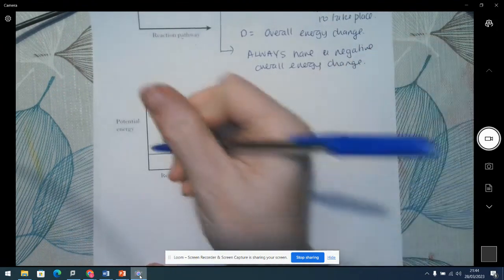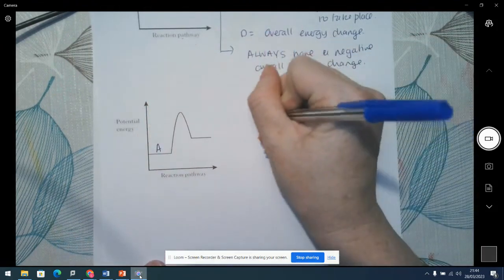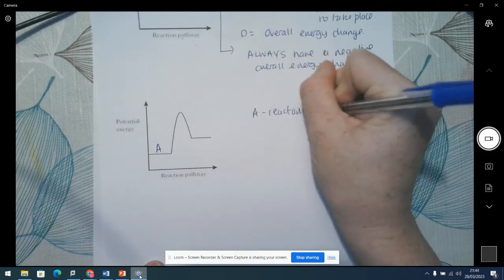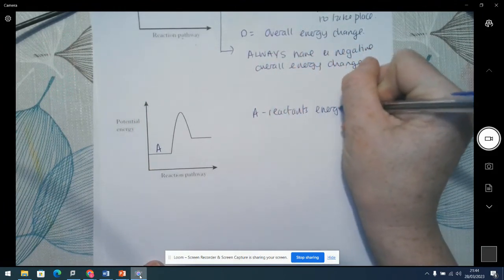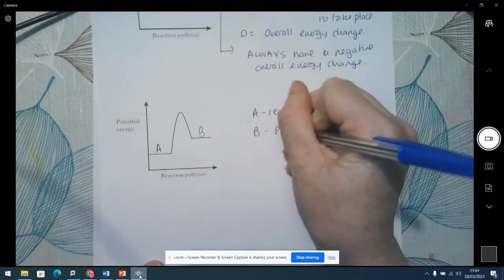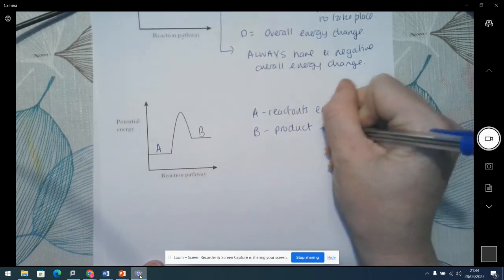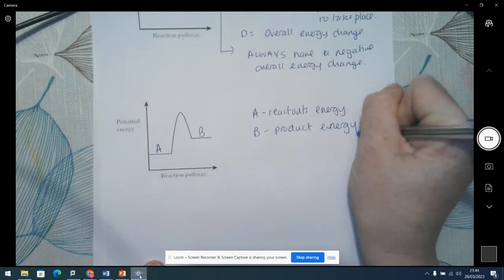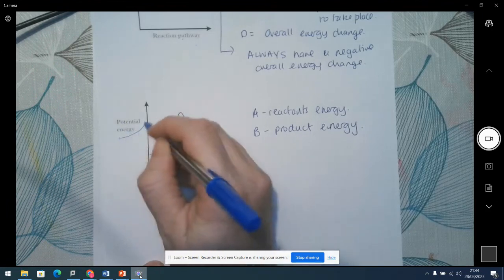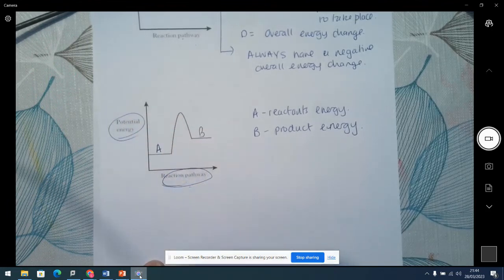Let's check. We've got A, which we know from above is our reactants energy. We have B, which is our products energy level. The labels are the same, and like I said, you do need to know these labels because you might be asked to label a diagram, and I have seen them ask that.